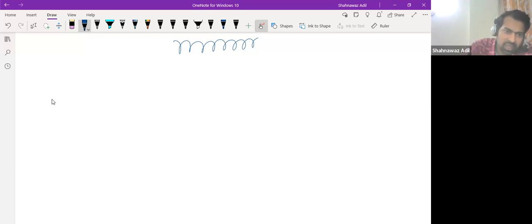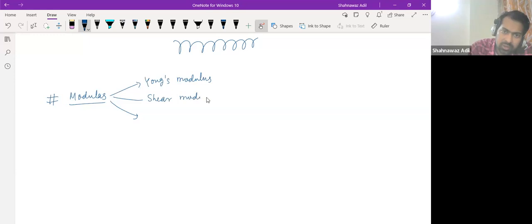After that, you have these moduli. You have three kinds of modulus. One is Young's modulus, then you have the shear modulus, and then you have the bulk modulus.